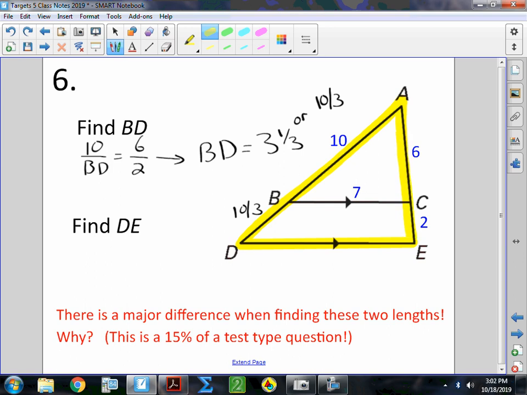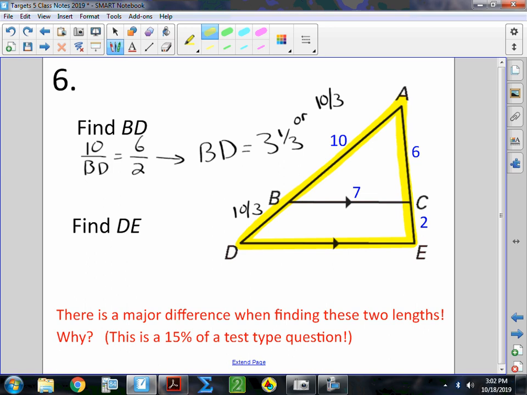DE is a side of triangle ADE. So if I'm trying to find a side of a triangle, then when I set up a proportion to find DE, I must make sure that every value I'm using is also a side of a triangle. So this is how this target 5 is related to target number 1.